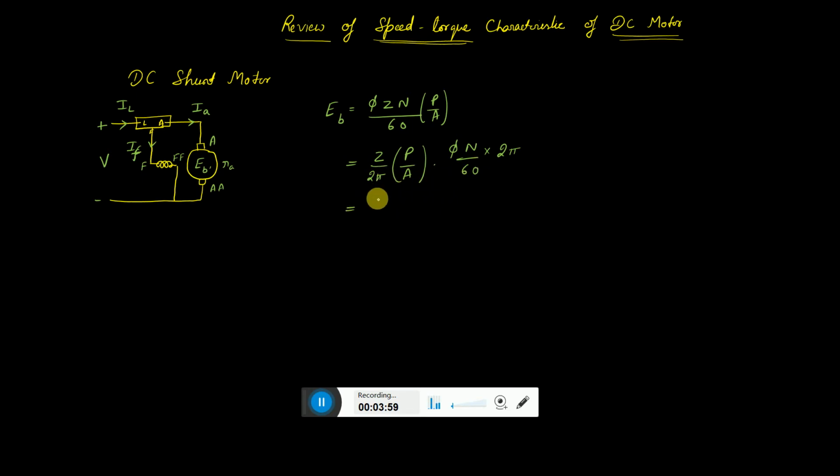Now this entire constant we can write as KB. And here N by 60 into 2 pi, we can write as omega M. And this will be multiplied with phi, the flux per pole. Now the expression of EB can be written like this.